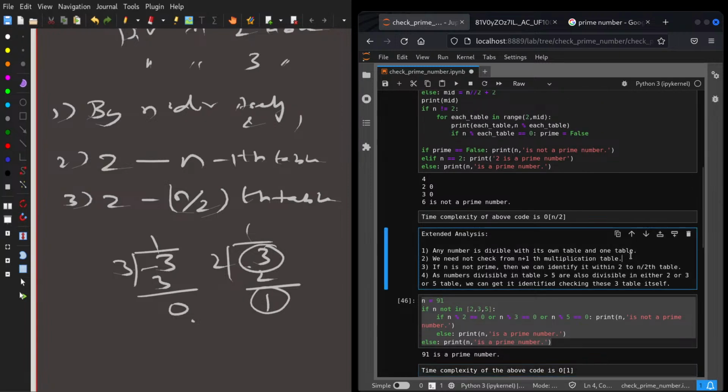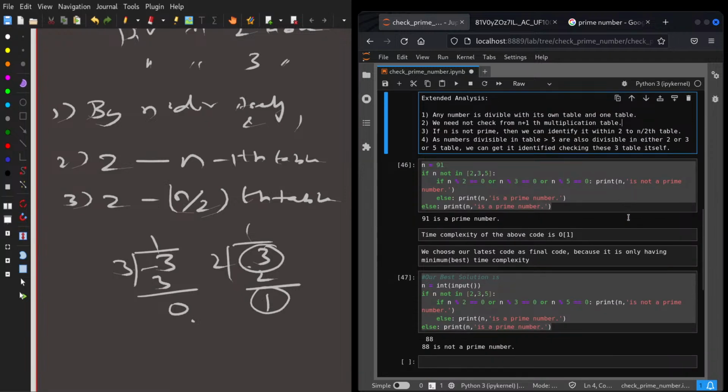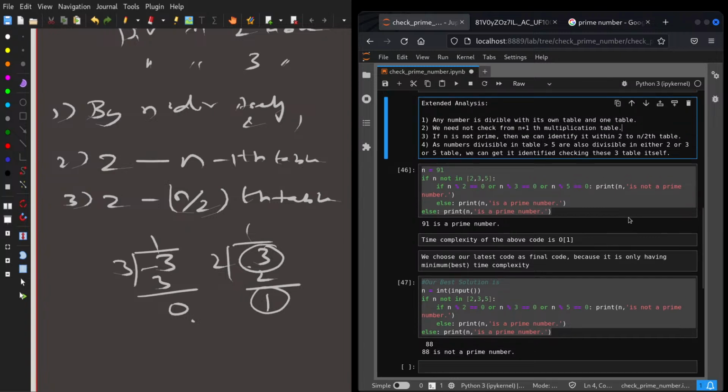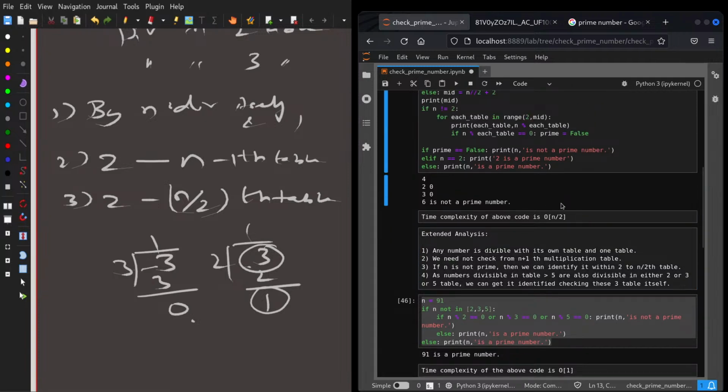We also have another possibility. If we do not think beyond the second analysis, our code's time complexity will be O of n, which is even worse than our first code.